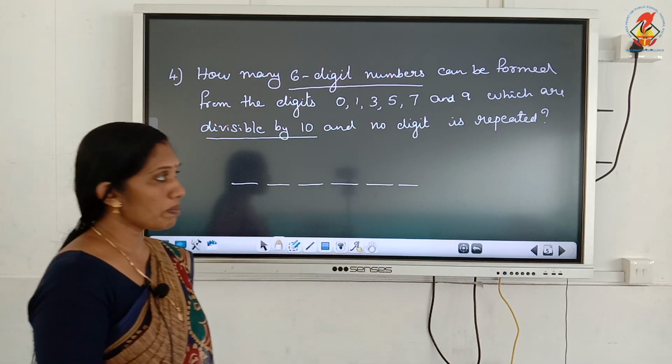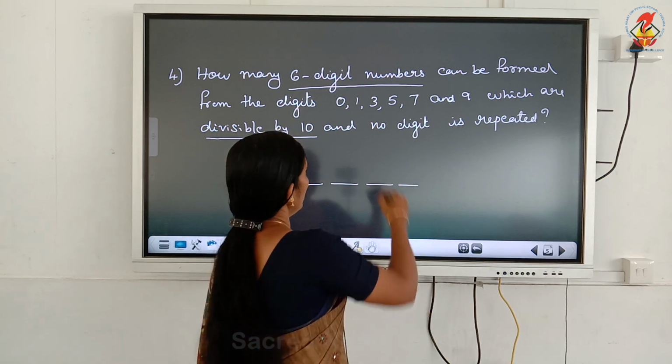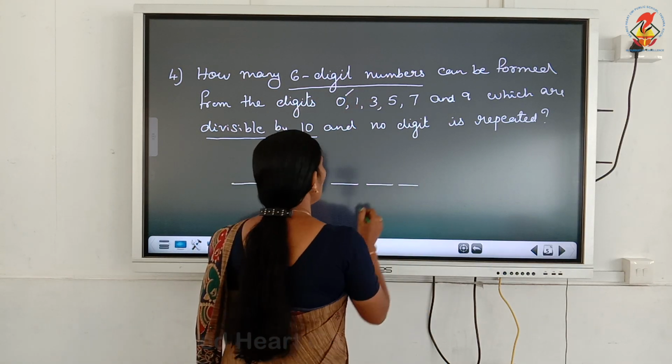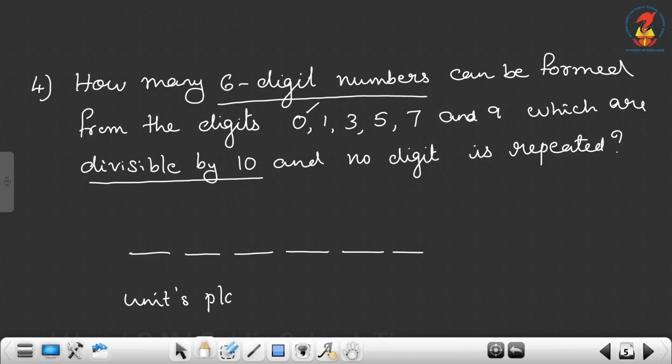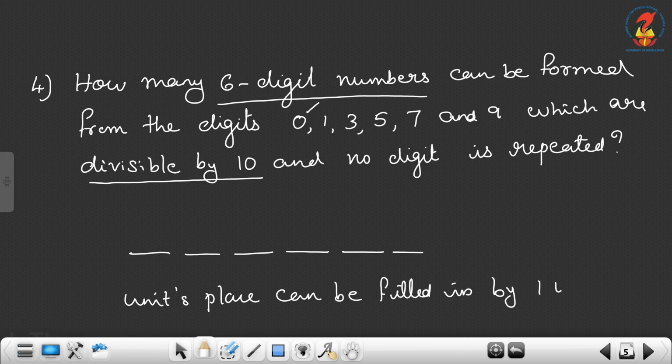So last place must be 0. Here we have 0. So unit place we can fill in by how many ways? Unit place can be filled in by one way. We can write only 0 in the last place. That is one way. Okay.